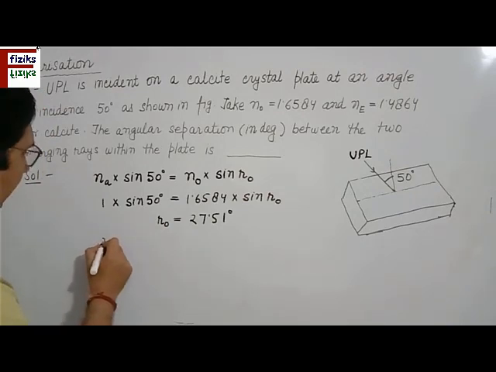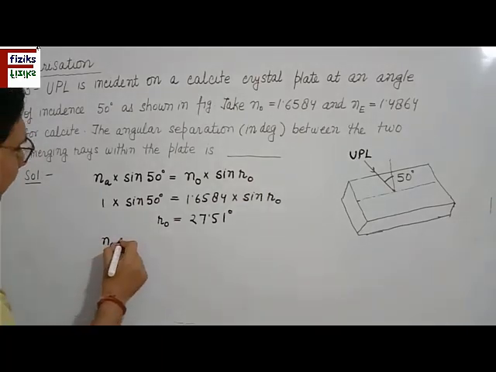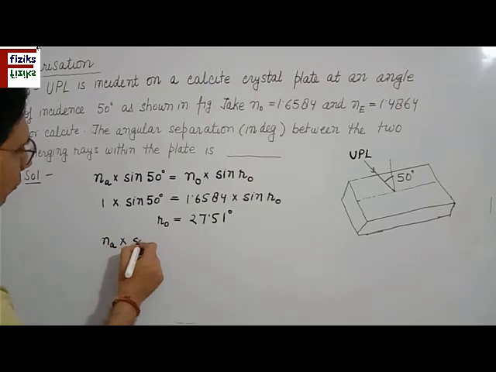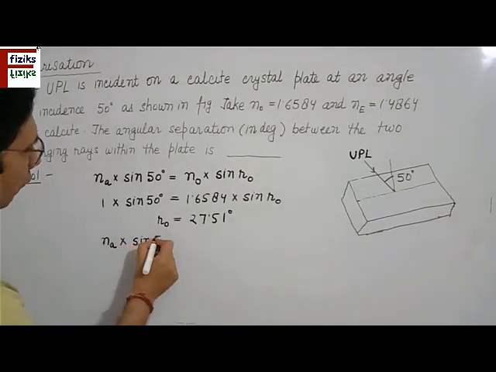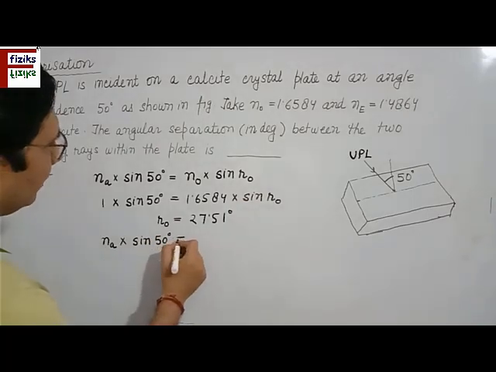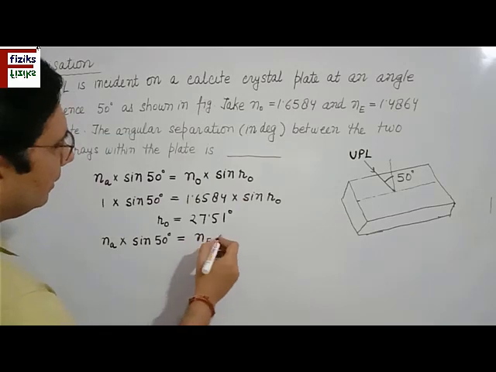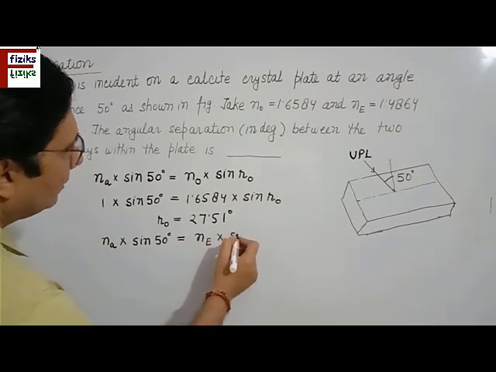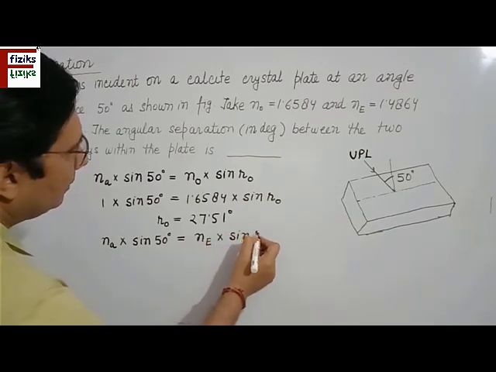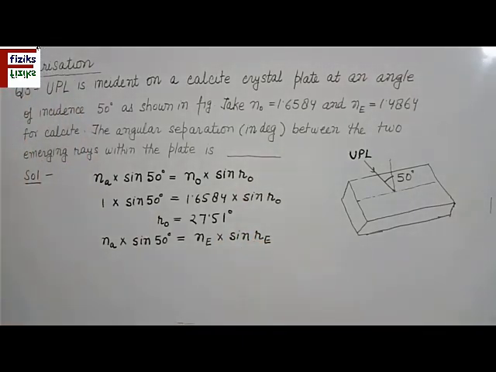The first medium is air, so refractive index of air into sine of angle of incidence, which will be the same for both ordinary and extraordinary, equals the refractive index of the medium for E ray, NE, into sine RE. This is the angle of refraction for the extraordinary light.